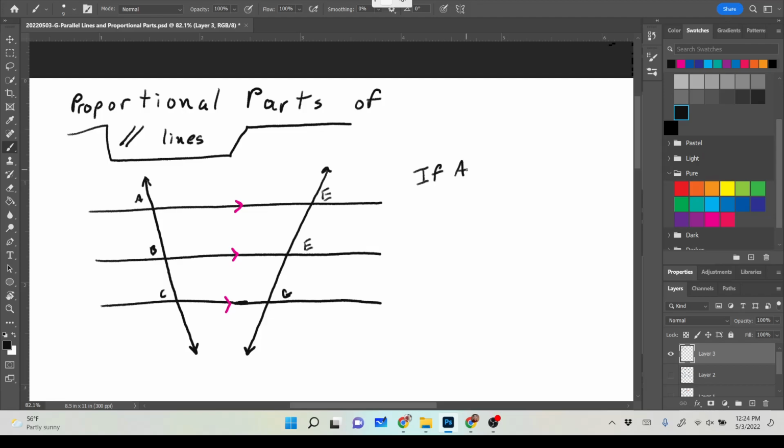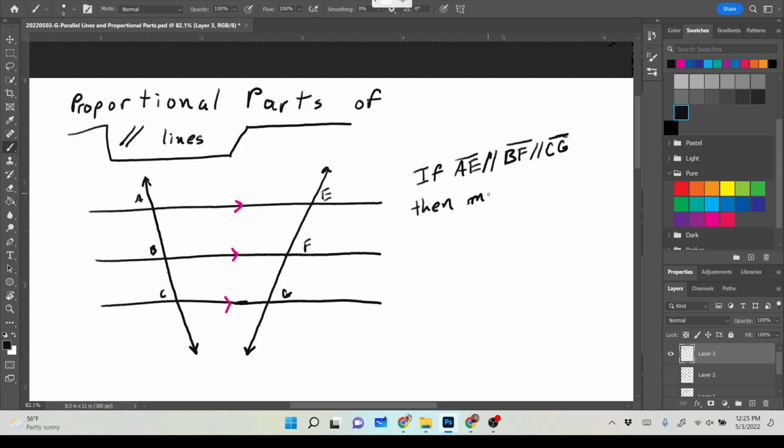AE. Why is there two E's? Because that one's an F. Thank you. You're welcome. If AE is parallel to BF is parallel to CG, and again, this could stretch on forever, then these little segments are proportional.